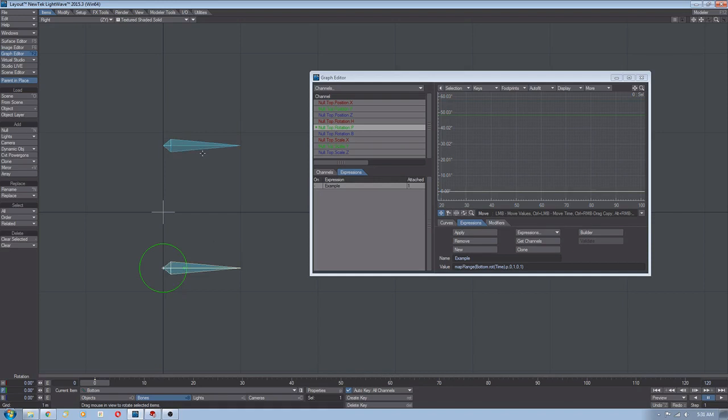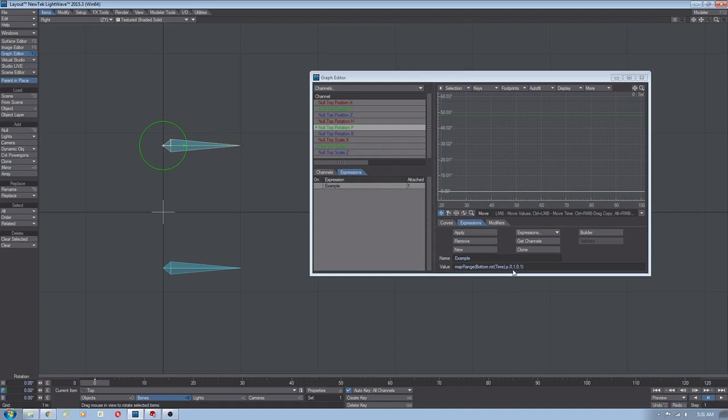So what I've done is I've taken top on its pitch channel, and I have its range mapped to the pitch channel of the bone bottom, and it's a 1-to-1 ratio. This is the low range of this top bone and the high range of the top bone.